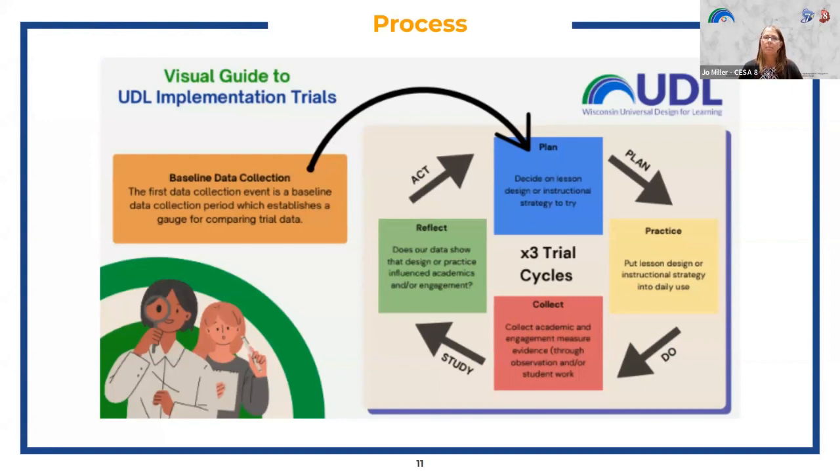But at its basis, it really is about 3 PDSA cycles over the course of a year. We start out with the baseline data collection where teachers who are studying their practice don't change what they're doing in their classroom. They may be already doing some parts of UDL, and that's great.